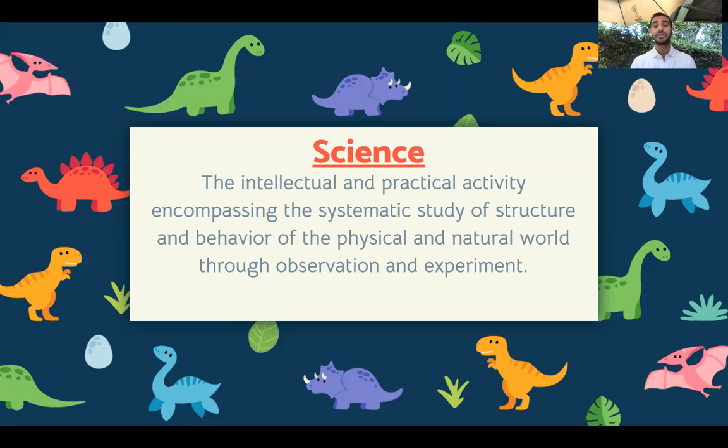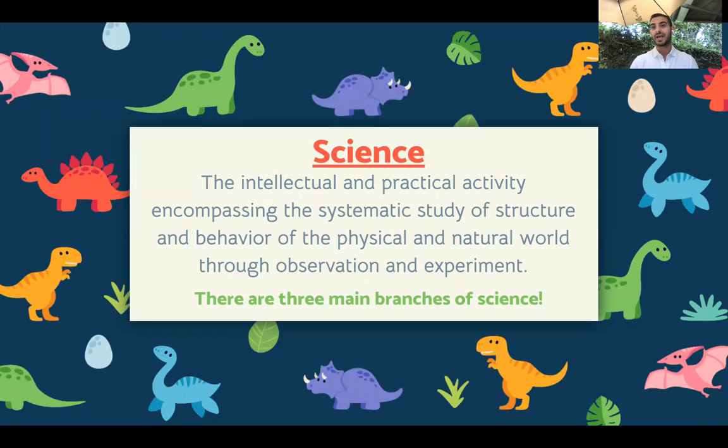So science, you don't need to know the full definition, but as long as you know that it's something that we practice, you can say something about the structure of the physical and natural world. And then really, really important, you can just say branch of academia that studies the world through observation and experiment. Those two are really important.